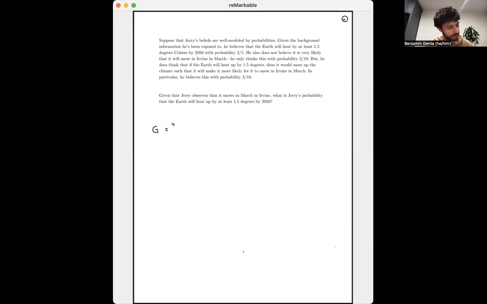G is the statement that the Earth will heat by at least 1.5 degrees. And what I've told you is that Jerry has a probability of G equal to 2/5.